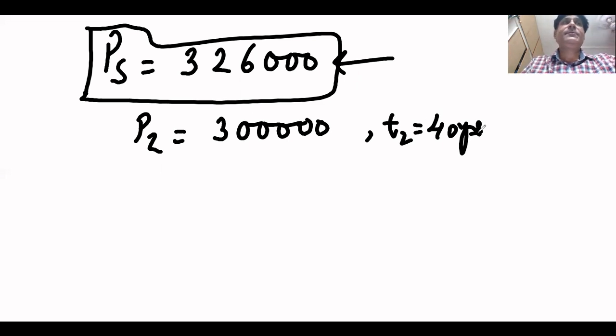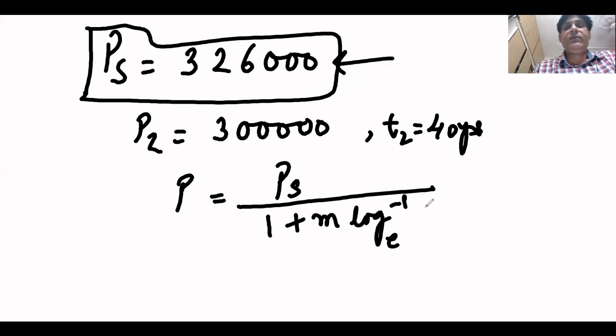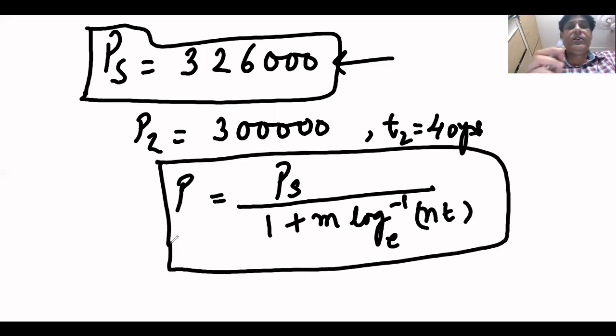Now, if you want to calculate the equation of the logistic curve, the equation is being given by P is equal to PS by 1 plus M log to base E, right? This is the equation of the logistic curve.